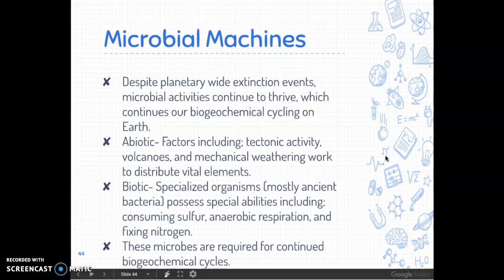So thinking about the abiotic and biotic factors, especially relating to microbial activity, bacteria, these microbacterial communities have thrived throughout the entire geological history of Earth. And despite what happens on Earth, they will always remain just because they're very diverse. They can handle fluctuations in the environment, and they're very highly adapted organisms.